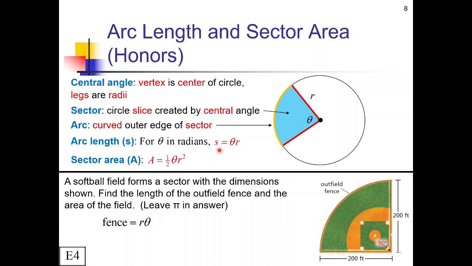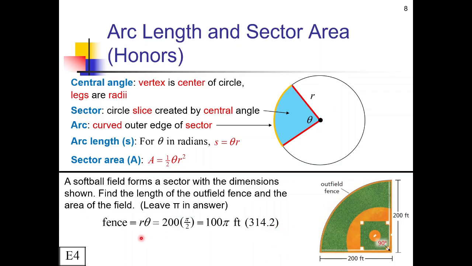That's just the way they're built because of how radians work. 90 is a quarter of 360, so that's 1/4 times 2 pi, so pi over 2 was 90 degrees. So we've got 200 times pi over 2. 200 over 2 reduces to 100, so that's 100 pi, and that's in feet. Or if you want to multiply by 3.14, we can call this 314 or 314.2, however many digits of pi you want to go.